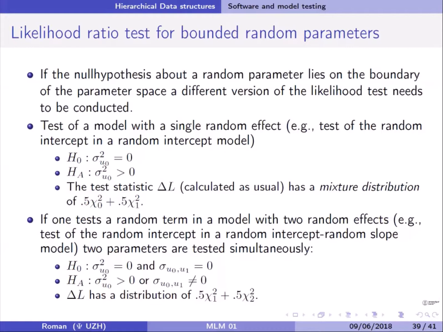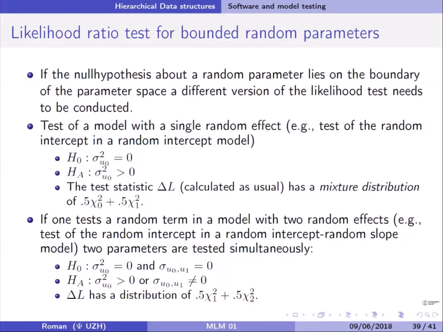And so if we want to test a model with a single random intercept, we would use the null hypothesis that that variance is equal to 0. The random intercept is 0, therefore all clusters have the same intercept. The alternative is that the variance of the intercepts is non-zero, but it has to be greater, so greater than 0.